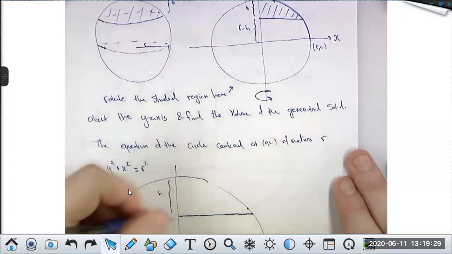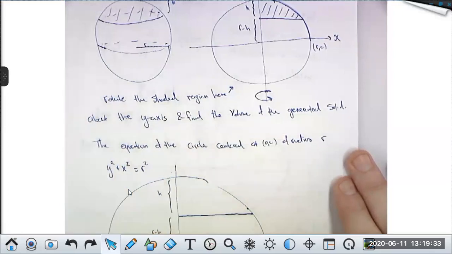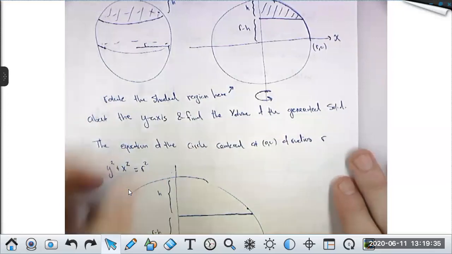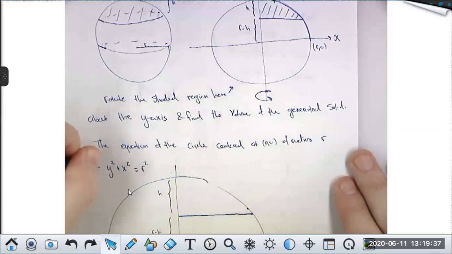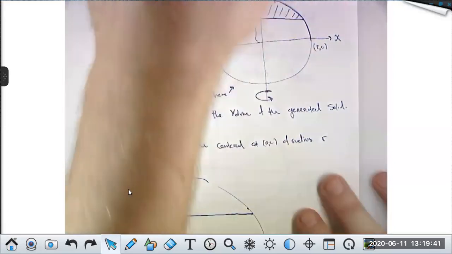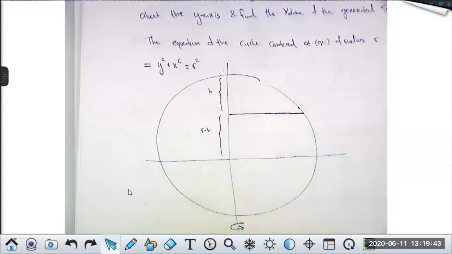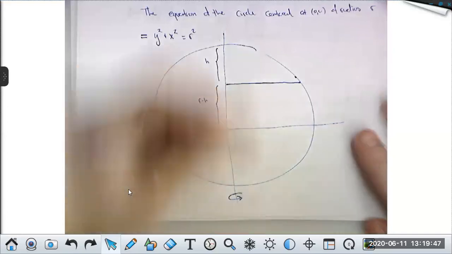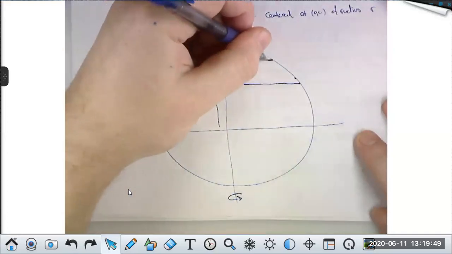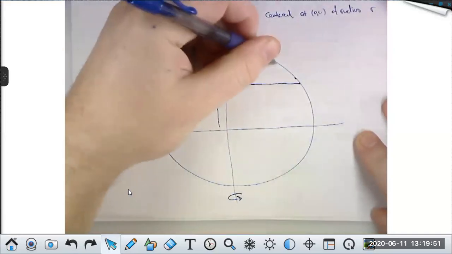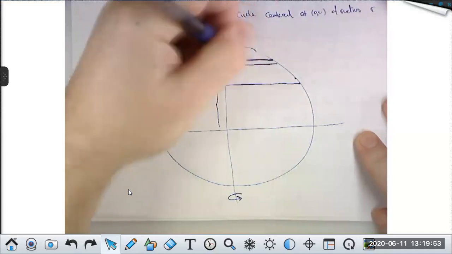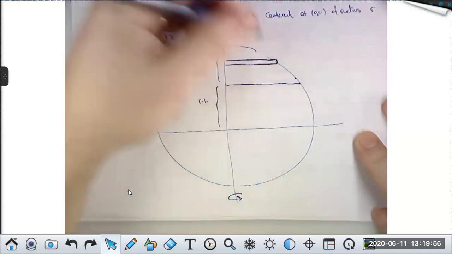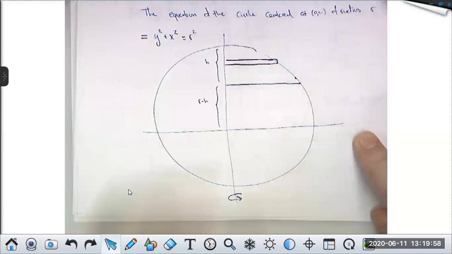This is H. This is H. If I solve this equation, and I'm rotating about the y-axis, I'm going to use my disk-washer method. That means I need to draw my strip like this, perpendicular to the axis of rotation.